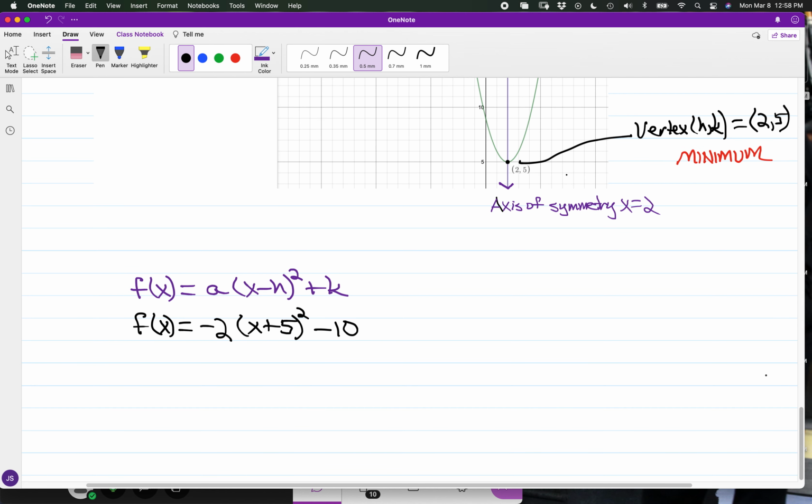Looking at what we have in this layout, for your a, h, and k values, a corresponds to negative 2. So a is negative, that is, a is less than 0. And if a is negative, this signals that the graph of f of x is going to open downward.